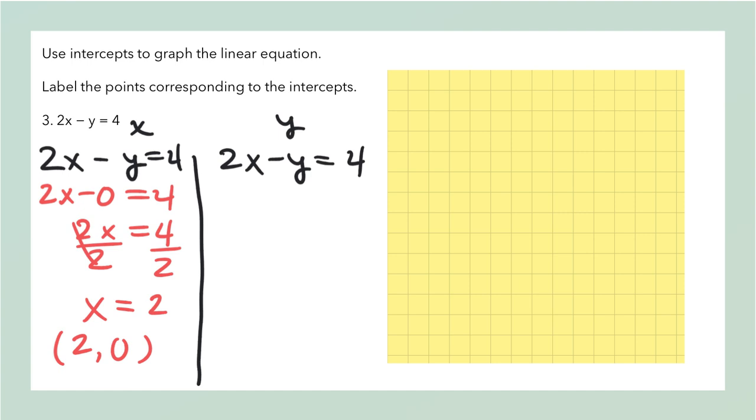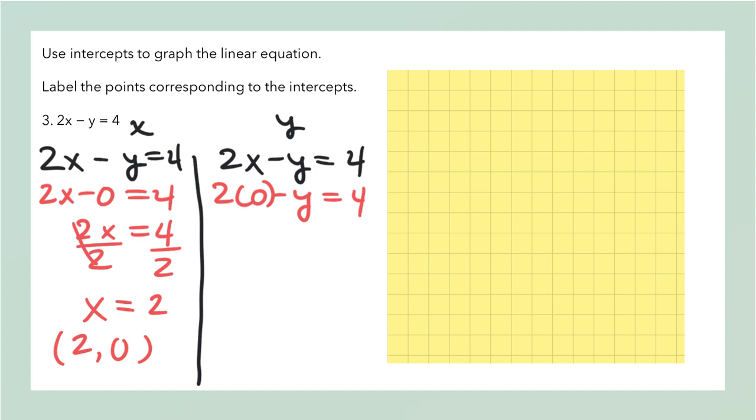Now for my y-intercept, who do I need to set to 0? x, right? So I'm going to have 2 times 0 minus y equals 4. We know that 2 times 0 is 0.